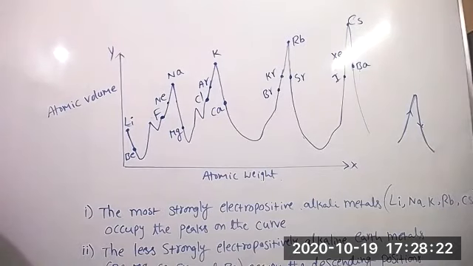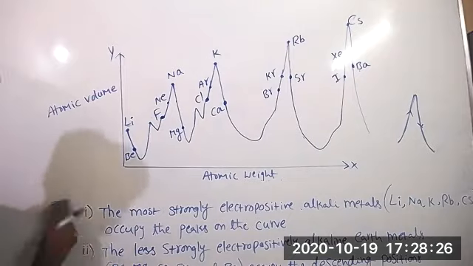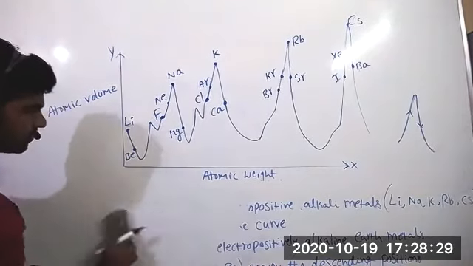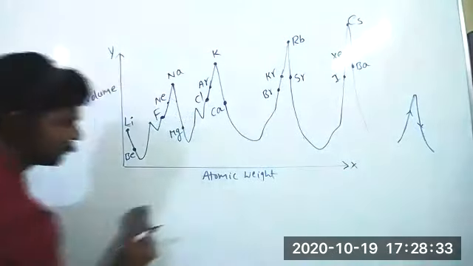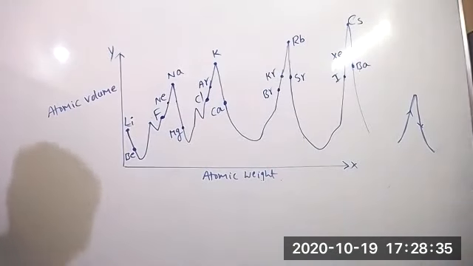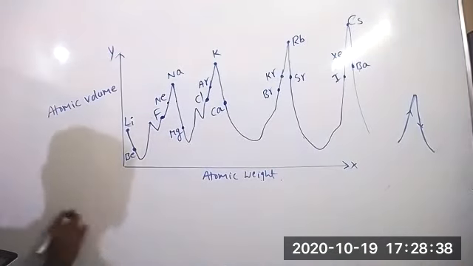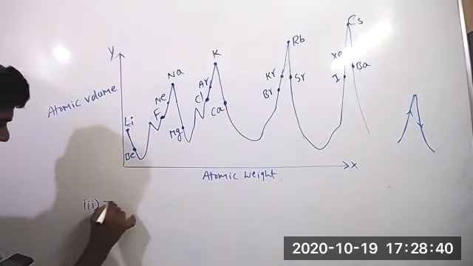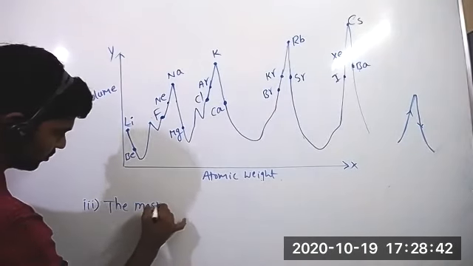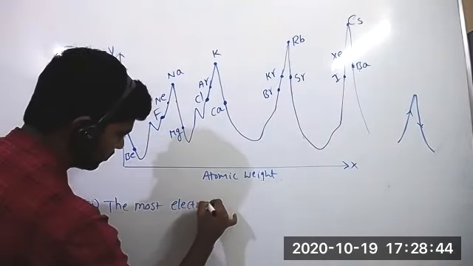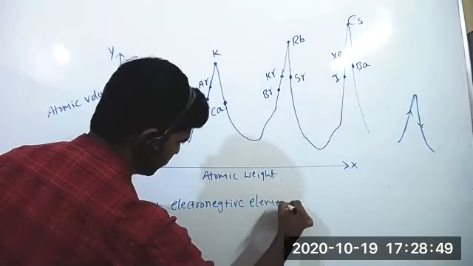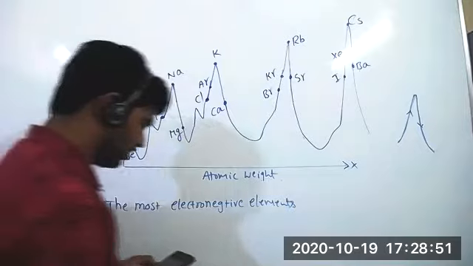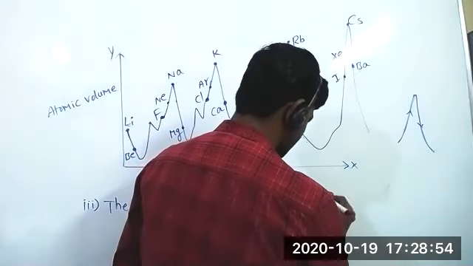Then the last point, the third point: the most electronegative elements, that is halogens.